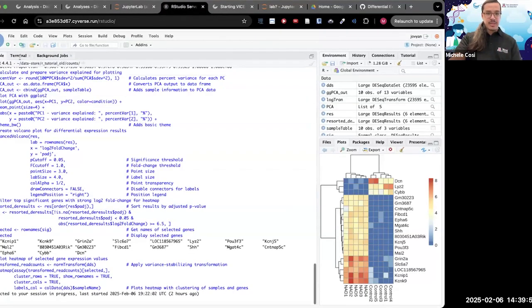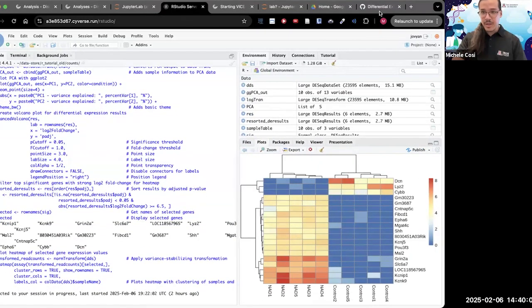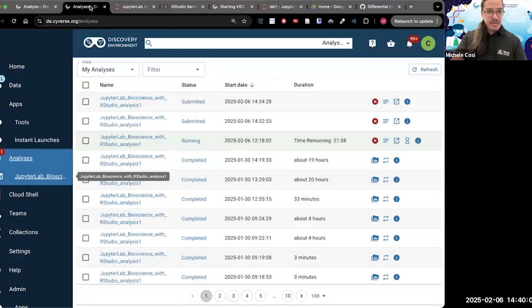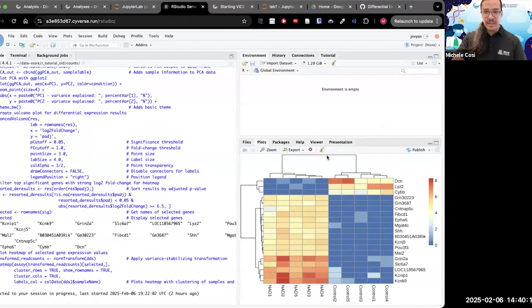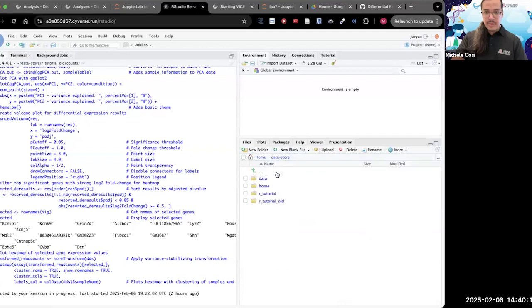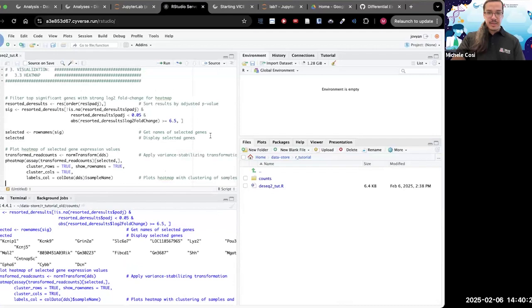I'm gonna close this and, Zoom is in the way. I'm gonna clean everything up. And I'm gonna go ahead and open data store, RTutorial, and DESeq2.